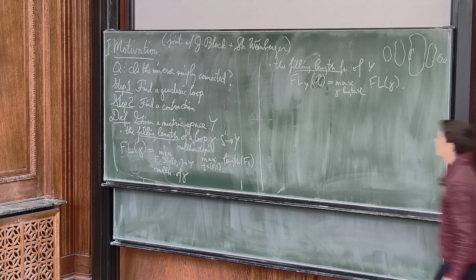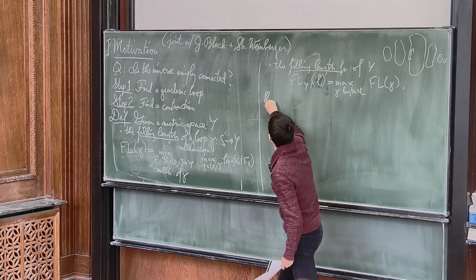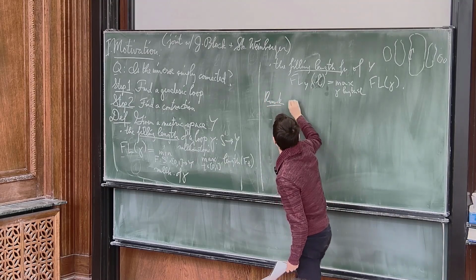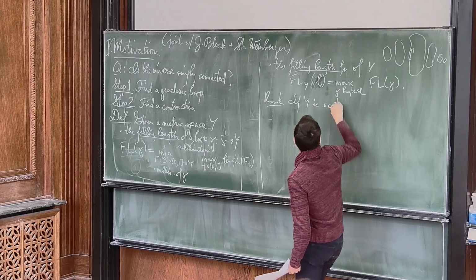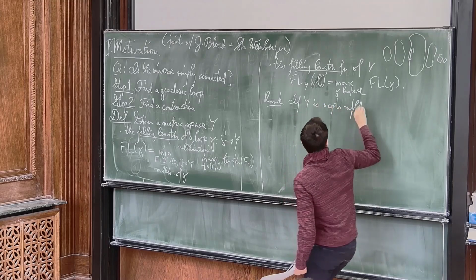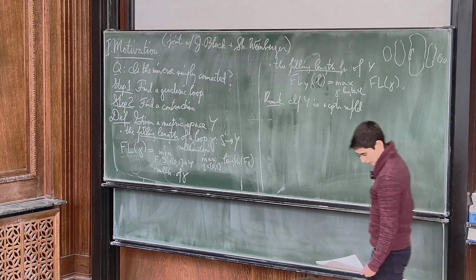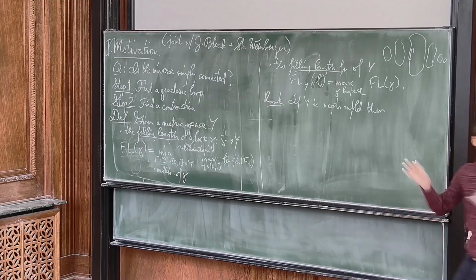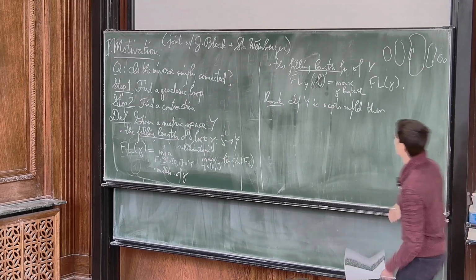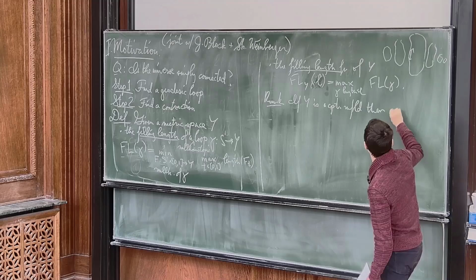And it's not hard to see that if Y is, say, a compact manifold or some other nice space, then at least, up to some suitable equivalence relation, this only depends on the fundamental group.